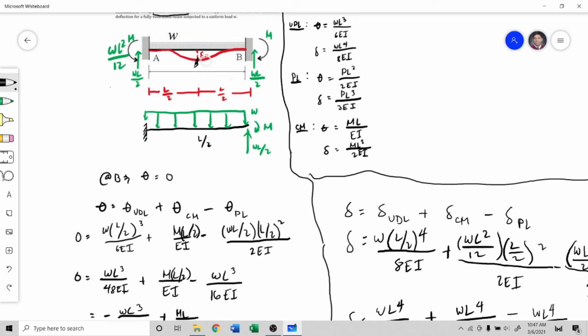Reference niya doon sa ating fictitious fixed support. Now, dahil magkaiba ng elevation si B, saka yung fixed support natin, no? Hindi pwedeng 0 yung delta. Ibig sabihin, may delta tayo, aangat si B. Pero, yung tangent lines nila, no, parallel lang, para yung horizontal. So, yung rotation natin is naging 0.